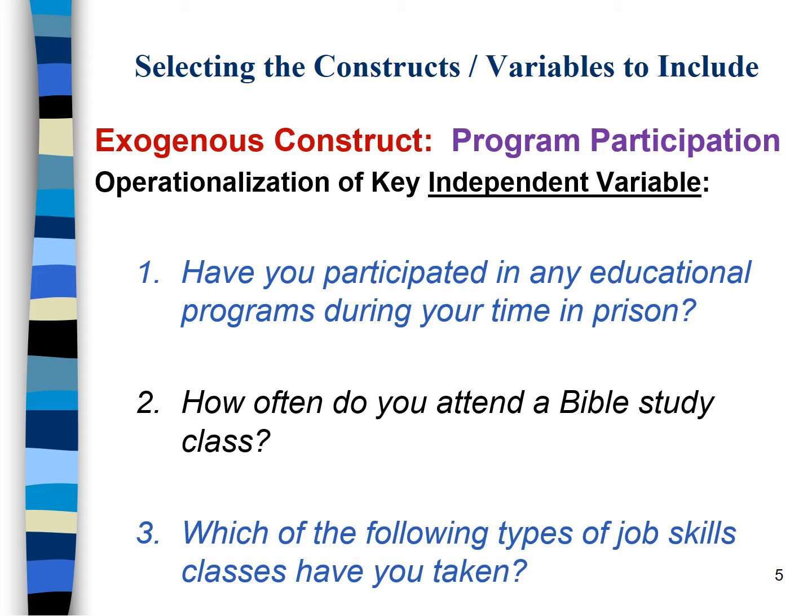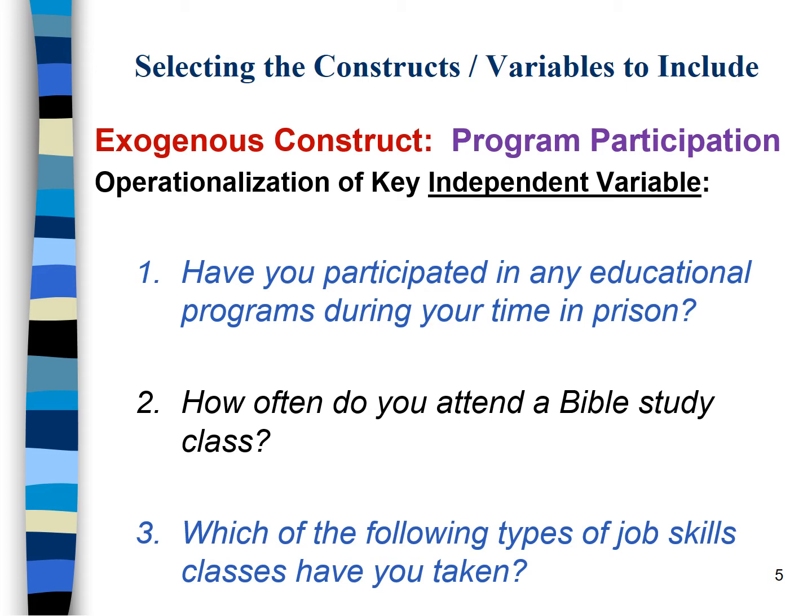So on this slide, we have 3 examples of the types of questions you might see that are measuring program participation. 1, have you participated in any educational programs during your time in prison? 2, how often do you attend a Bible study class? 3, which of the following types of job skills classes have you taken? And you can imagine that number 3 would follow with some examples, like circle which ones you have participated in.